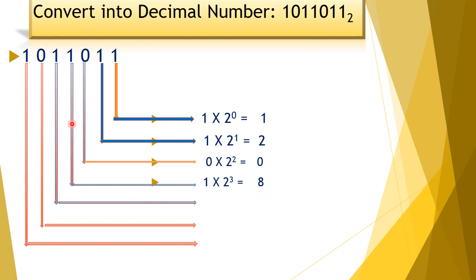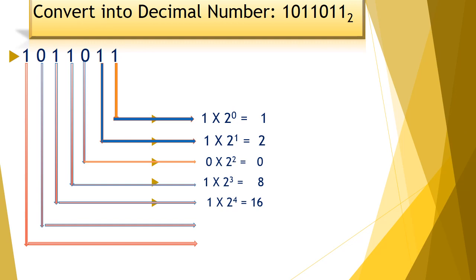And the next digit is 1. When 1 is multiplied by 2 raised to the power 4, we get the product 16. You know, the value of 2 raised to the power 4 is 16.